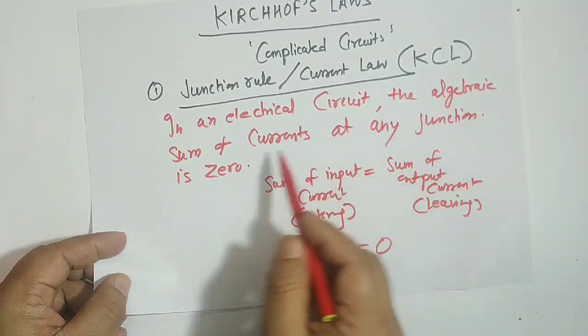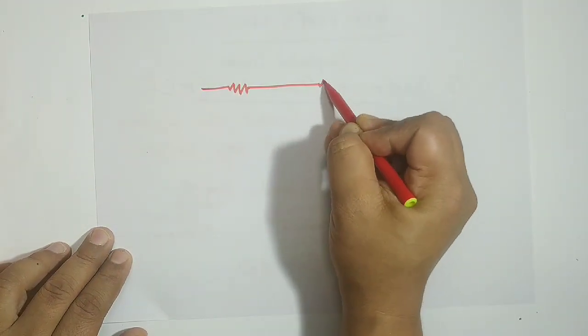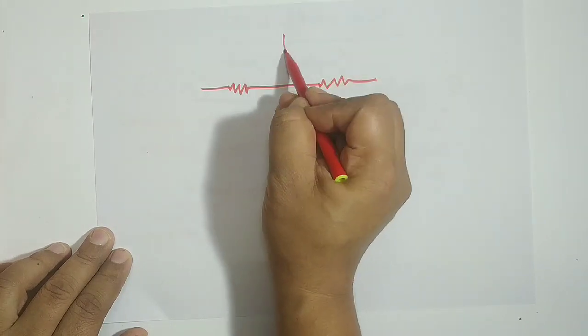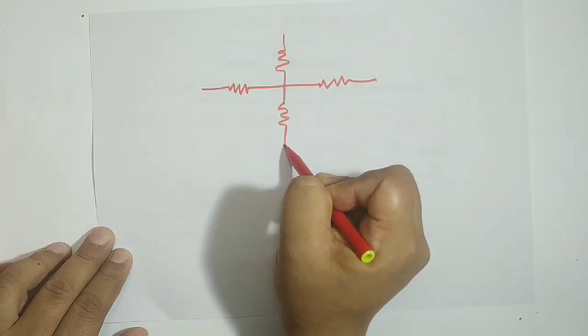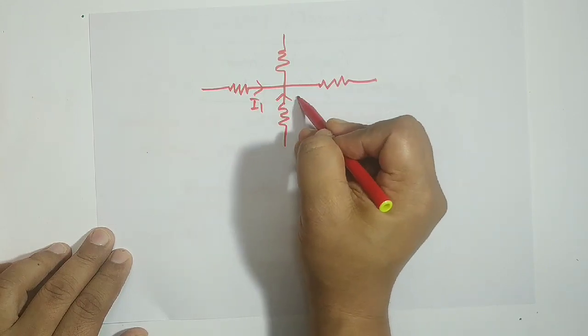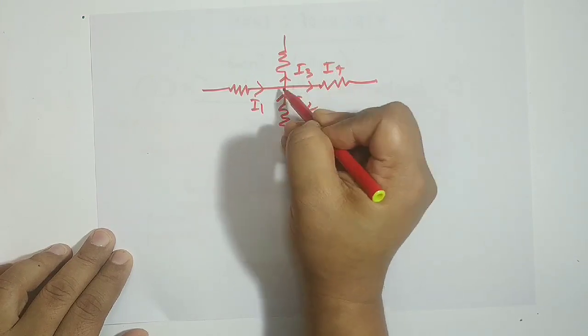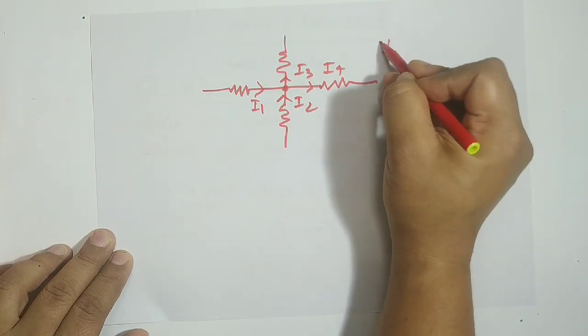Got it? In an electrical circuit, the algebraic sum of current at any junction is 0. I am going to represent it. Say there are 4 resistors, and I am just explaining it. Say this is current I1 and this is current I2, this is I3, this is I4. Now if you see at this junction, what will happen?